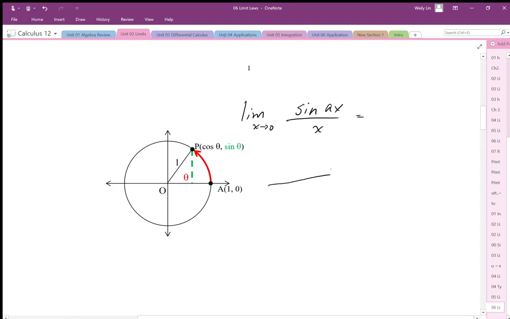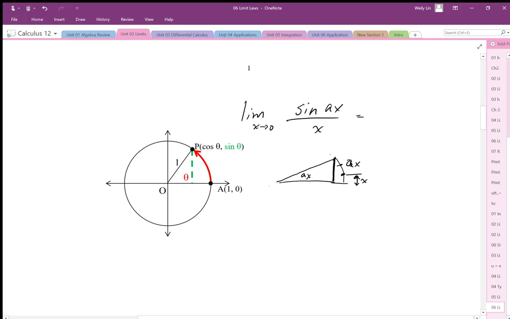As we go close to 0, sine of ax is going to be this length here. We'll call that ax. We want to compare that, and there's 3x here. This length here would be 1/3 of that, or just this length from here to here is equal to x. So how does this ratio compare?